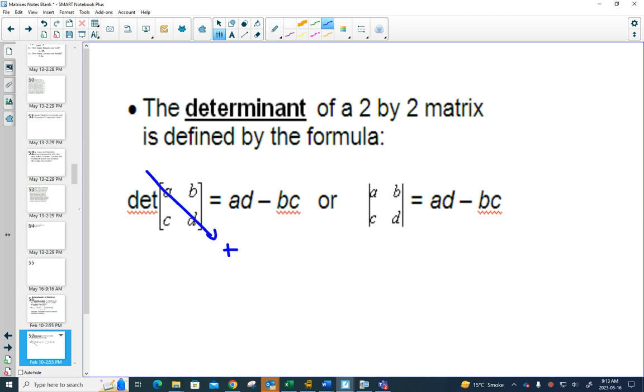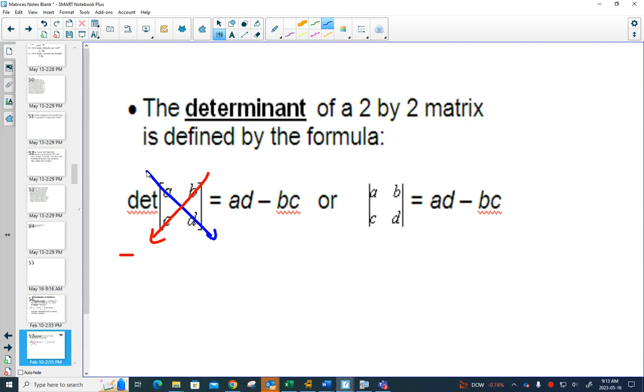Multiply those, and that value is whatever it is. And then you subtract that arrow. So you multiply along your diagonals, and you take A times D, and you subtract B times C.